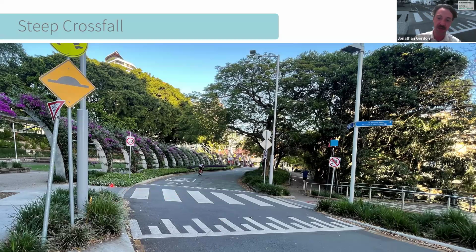I'll just actually tell you that steep crossfall can be pretty bad for certain road users, and particularly people with mobility impairment. So steep crossfall does have limits for a typical path. Paths everywhere that we construct them and design them in Australia and New Zealand have DDA requirements.